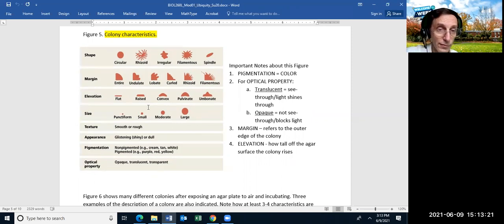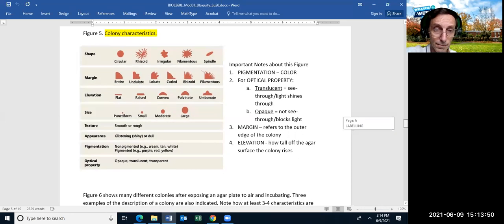And then there's the texture of the colony, the appearance, the pigmentation. By pigmentation, we break this into colored, like purple, red, yellow, and that's pigmented, and then non-pigmented, which is uncolored. And that would be a cream, a tan, a white, an off-white colony. And then the optical characteristics of the colony.